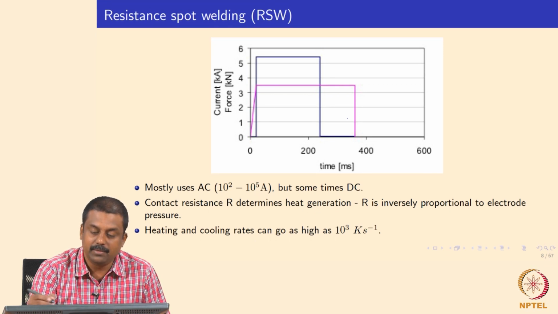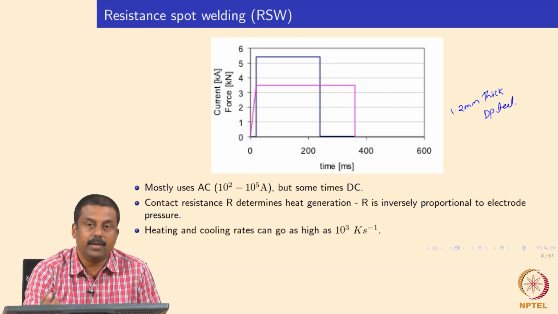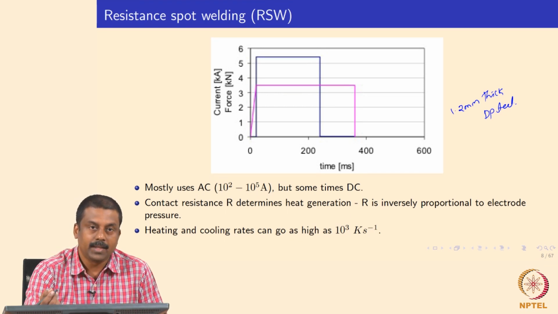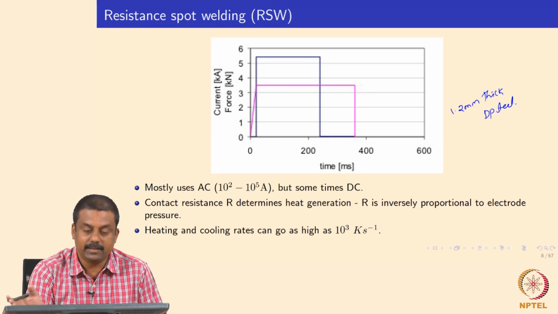This is actually used to weld 1.2 mm thick DP steel, and the current and the load can be changed based on the size of the weld nugget you want to generate. Okay, so there are some limitations. You cannot keep on increasing the current, because when you increase the current very high you may also cause some expulsion, and we will see that in next classes when we look at the weld growth curves.